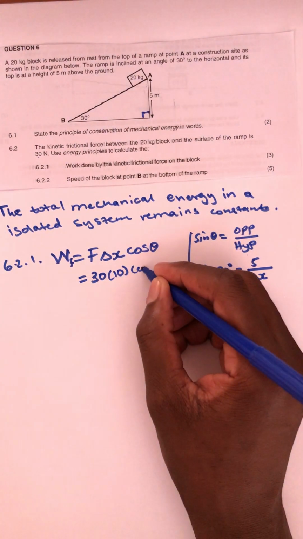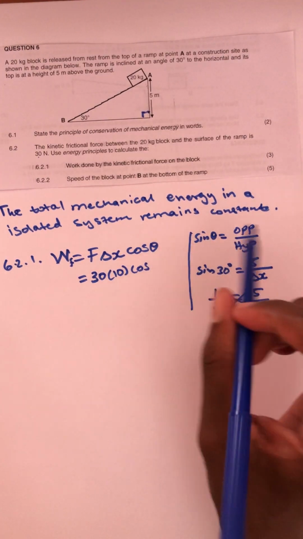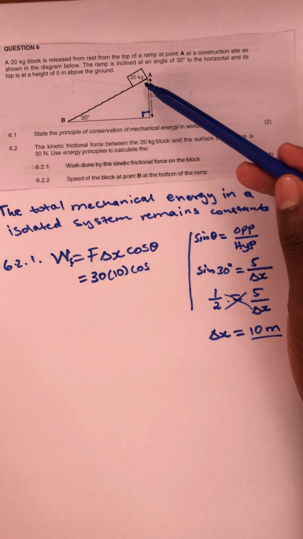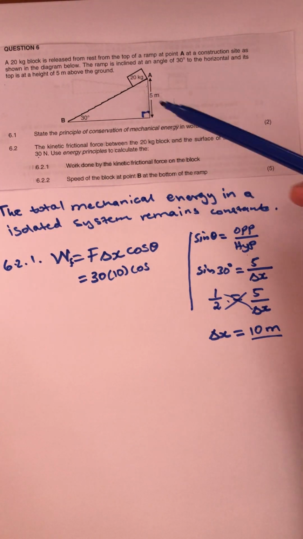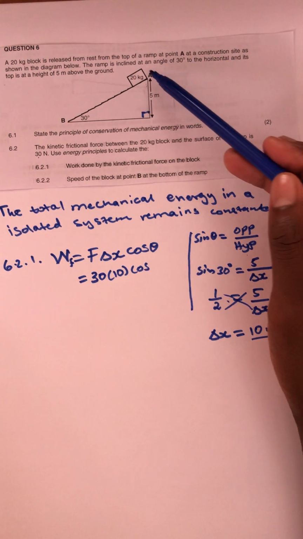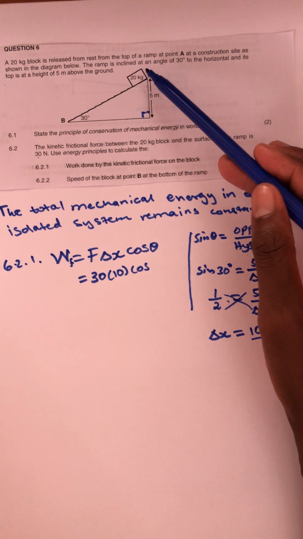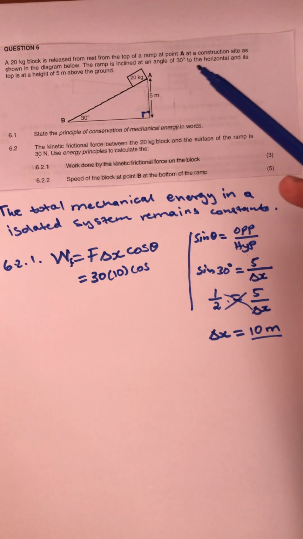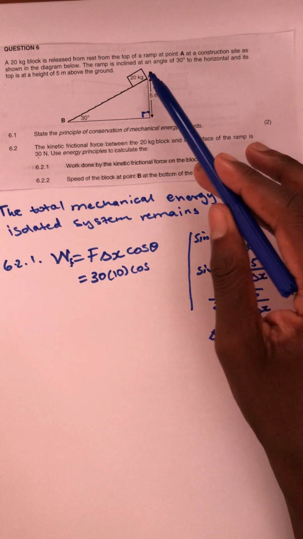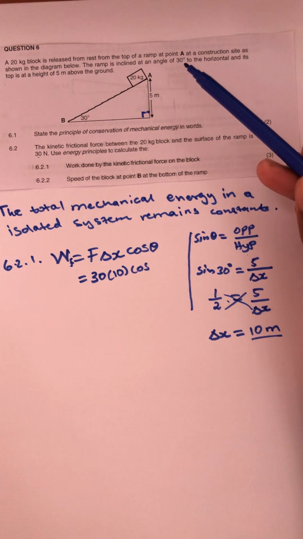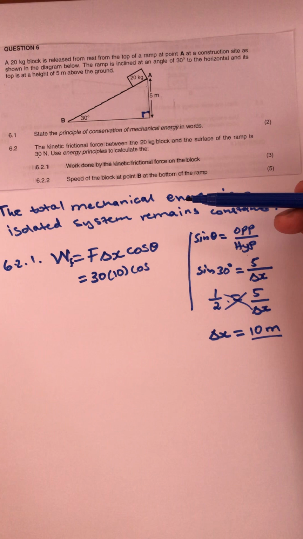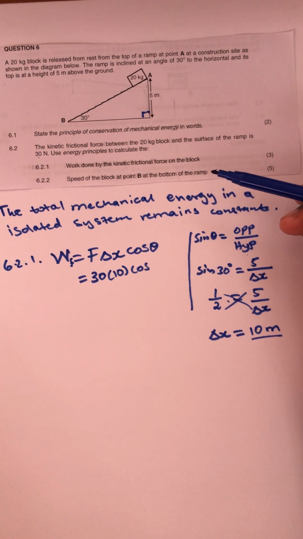So cos, what is theta? Theta, like I said, is the direction of the force. Since we take the original direction of an object as 0, any force that is opposing the motion of the object takes 180 degrees.